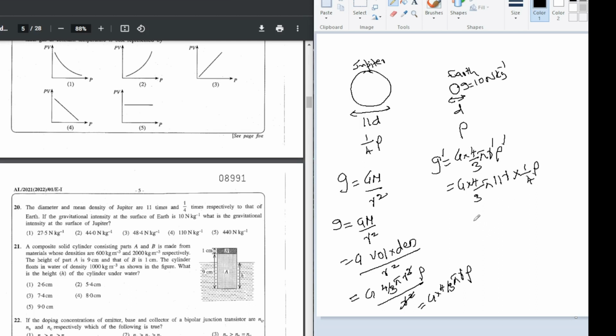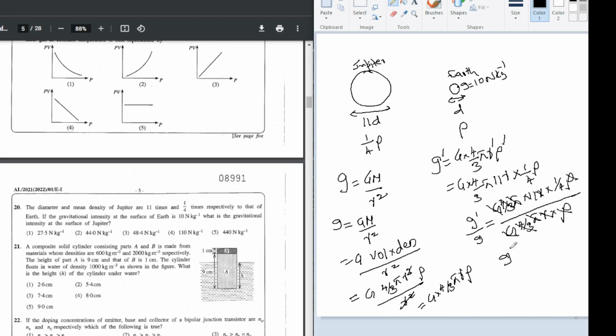We divide g dash by g, equal to capital G 4 by 3 pi into 11 R into 1/4 of rho, divided by G 4 over 3 pi R into rho. G cancels, 4 by 3 cancels, pi cancels, R cancels, rho cancels.